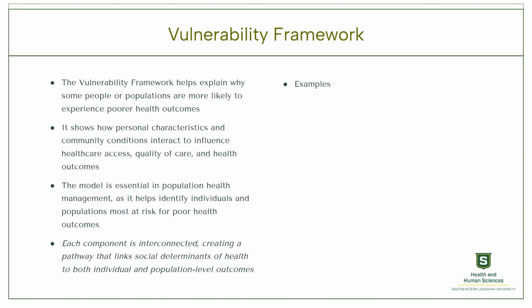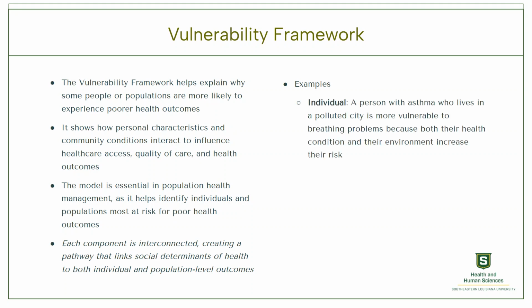An example of this interconnectedness on the individual basis would be a person who has asthma. This person has been diagnosed with asthma, and this person lives in a polluted city.